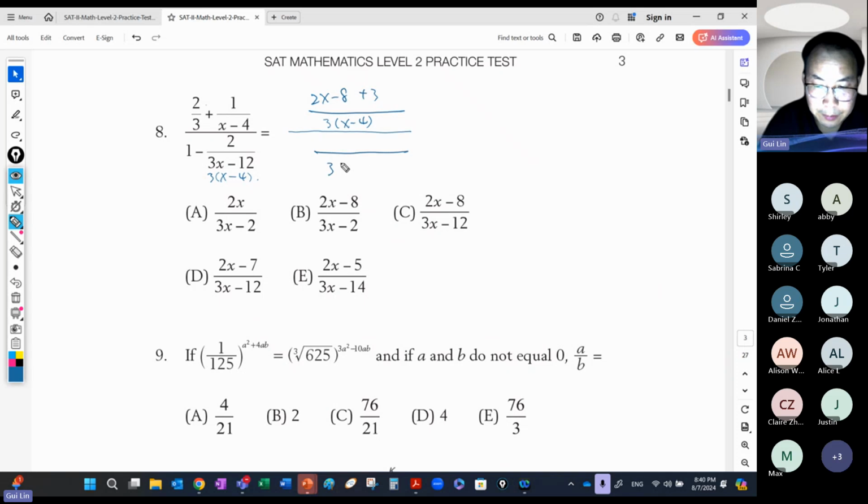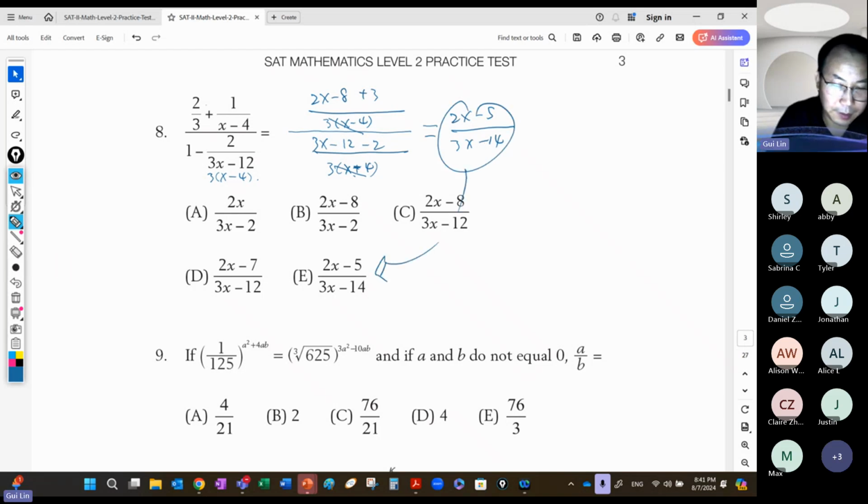Same, 3x plus 3 minus 4 at the bottom. So 3x minus 12 minus 2. So this part can factor out, right? So you get a 2x minus 5 over 3x minus 14. All right, so that's a bit easier. Is it correct?